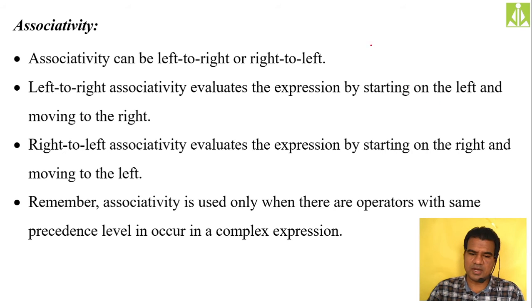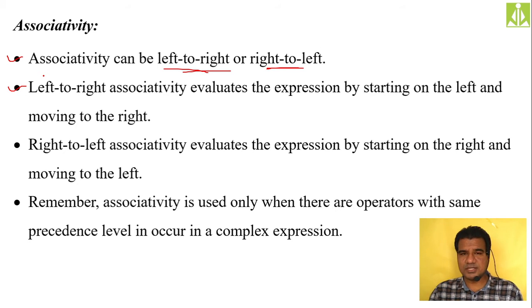So now here we are discussing the associativity. The associativity can be right to left or left to right. Left to right associativity evaluates the expression by starting on the left side and moving towards the right side. So what exactly does left to right associativity mean?